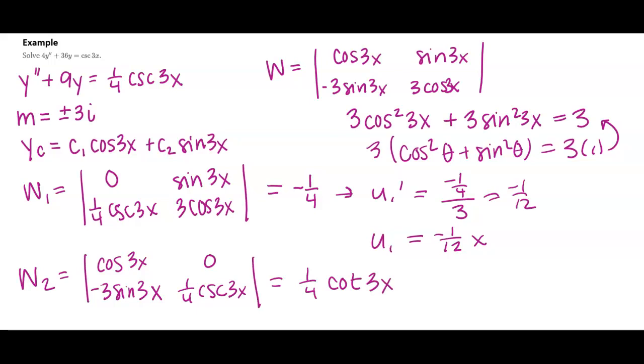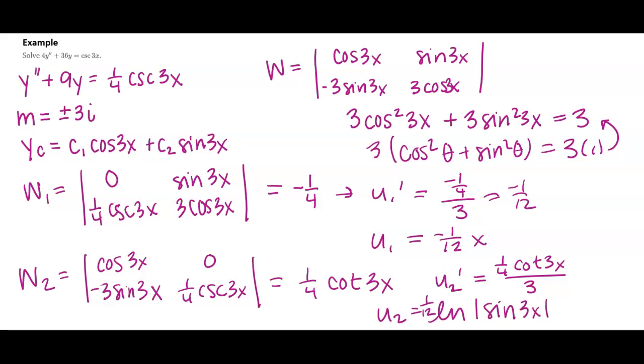And so when I go to do this, I get 1/4 cotangent 3x over 3. And the integral of cotangent, see I have 1/12 out here, is the natural log of sine 3x. Ooh, but there's a 3 here, so I actually need a 1/36.